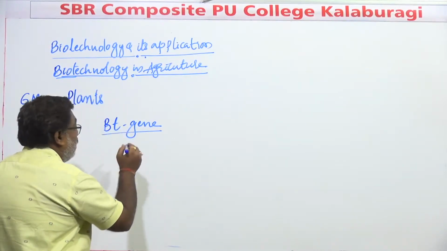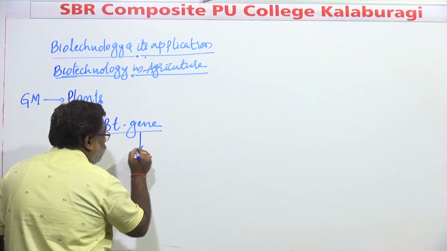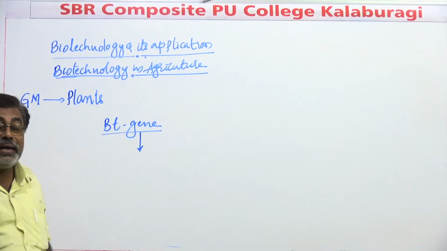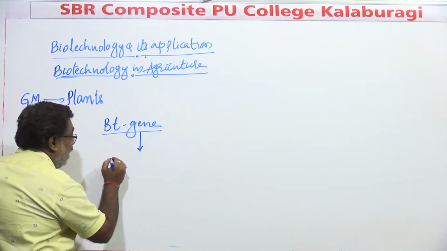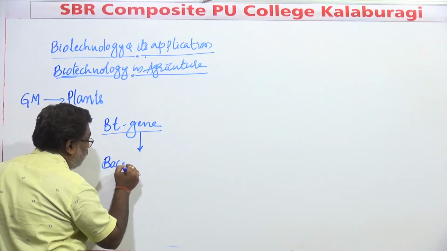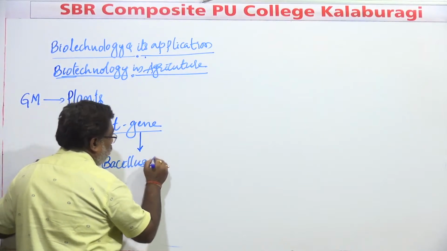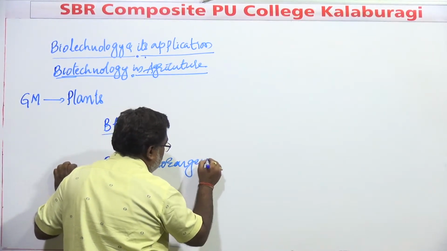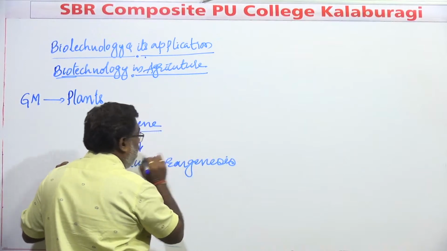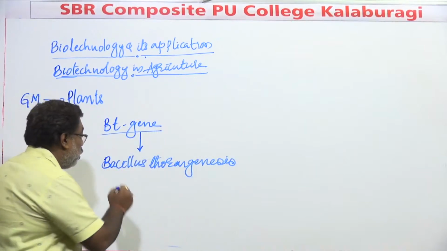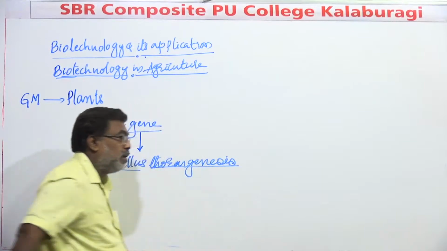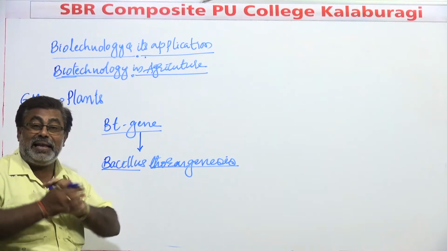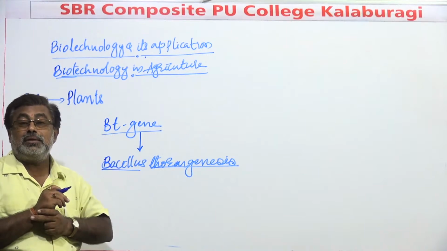This BT gene is taken from the soil-borne bacteria called Bacillus thuringiensis.